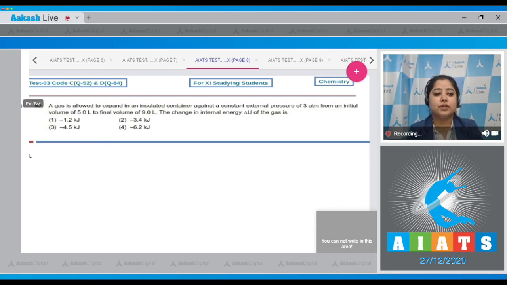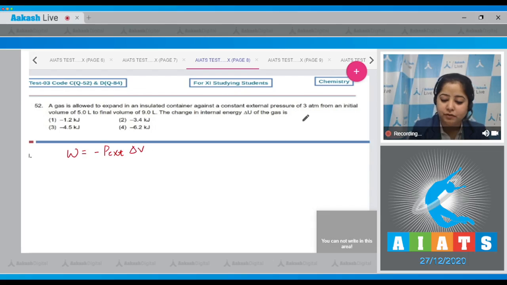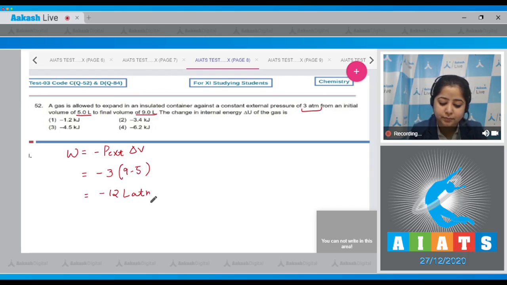Student, for this question, first of all, we'll be calculating work done. So work done is equal to minus P external delta V. We are given P external and the change in volume. Initial is 5 liter and the final is 9 liter. So let's put the values. Minus 3 into 9 minus 5, which is equal to minus 12 liter atm.